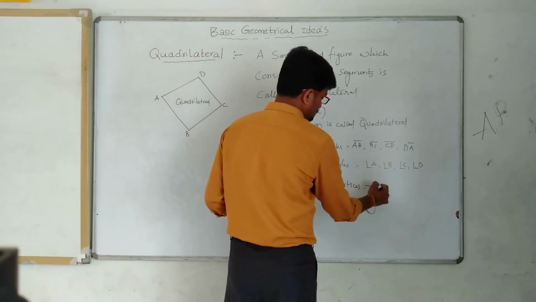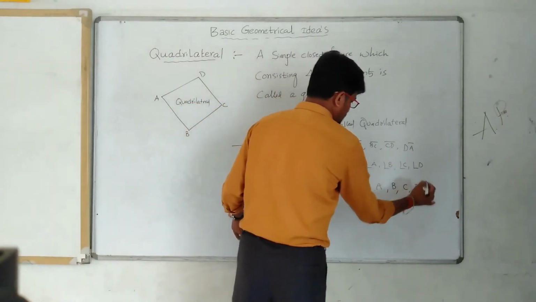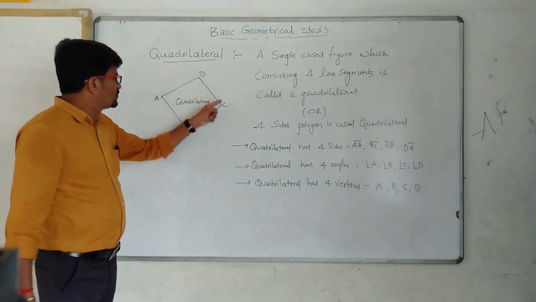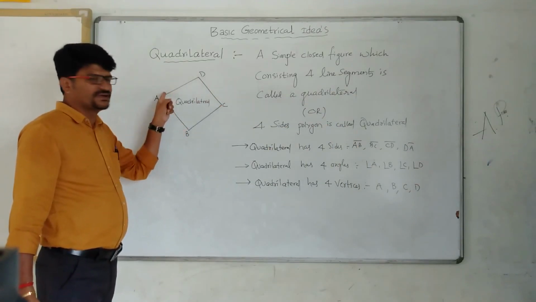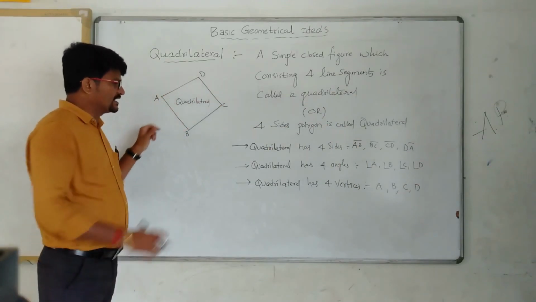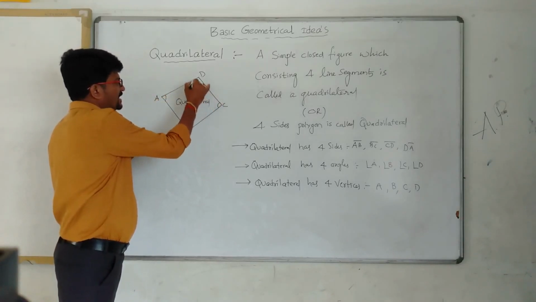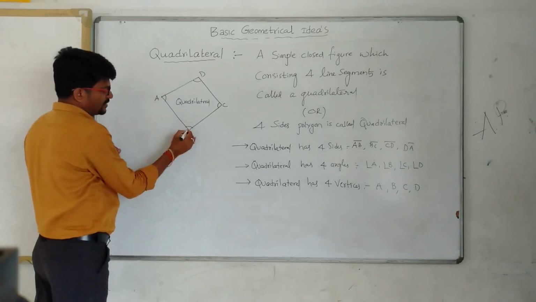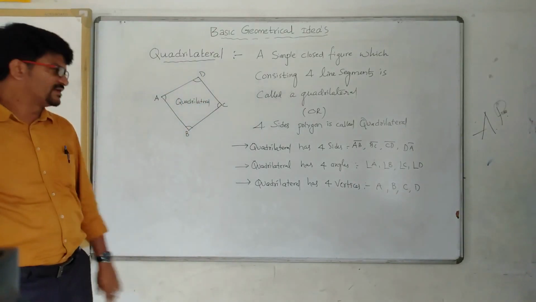That implies A, B, C, D. Am I right? So these are all the 4 sides: AB, BC, CD, DA; angle A, angle B, angle C, angle D are the 4 angles; and point A, point B, point C, and point D are 4 vertices.